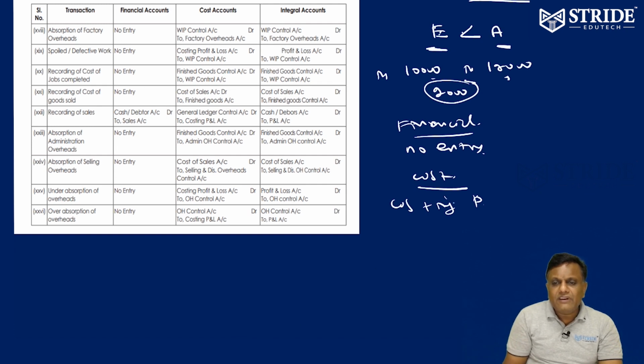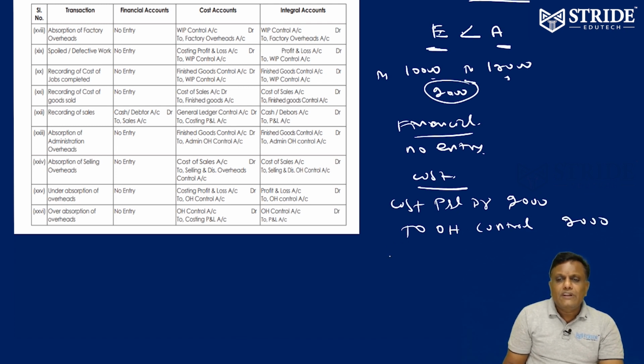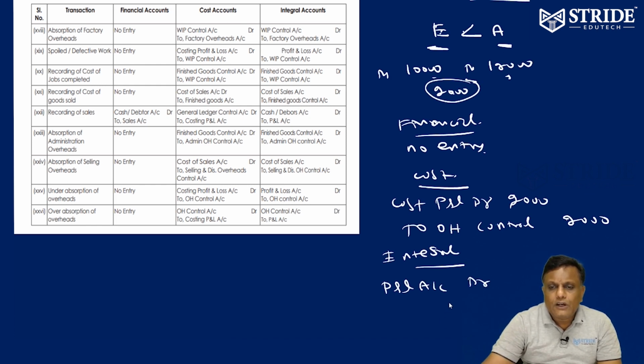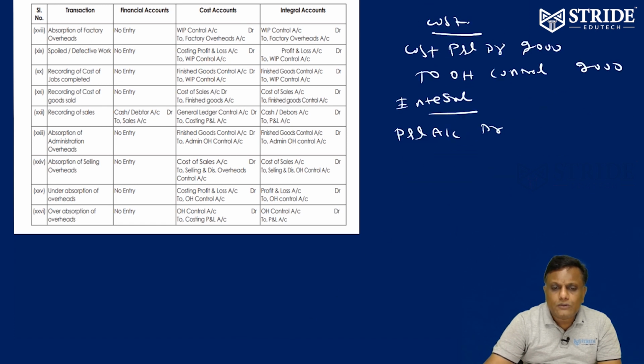Therefore, costing profit and loss account debit, here the amount is 2,000, to the respective overhead: overhead related to admin, or production, or selling. So overhead control, that is 2,000. There are no financial transactions here. Therefore, integral books entry is P&L account debit to overhead control.